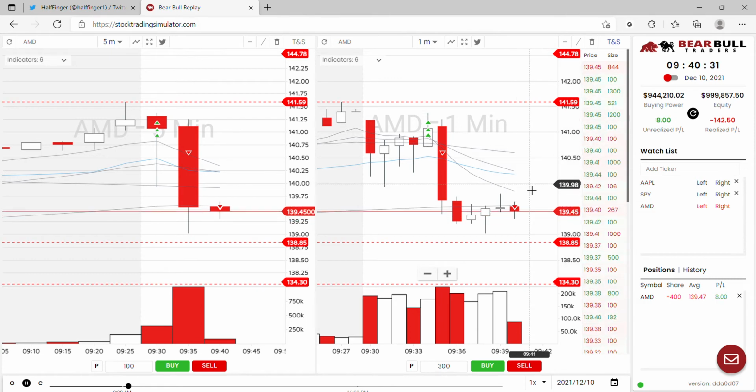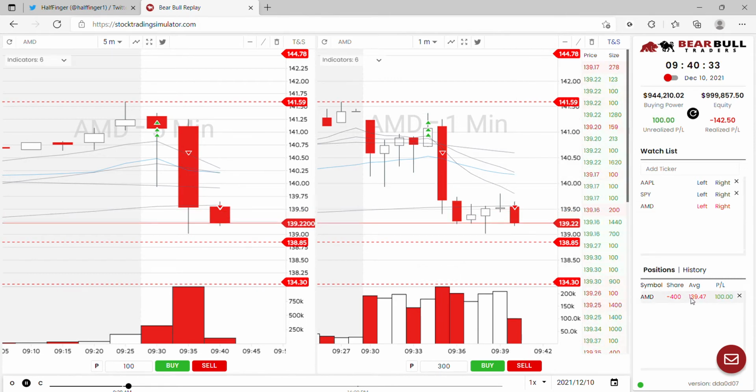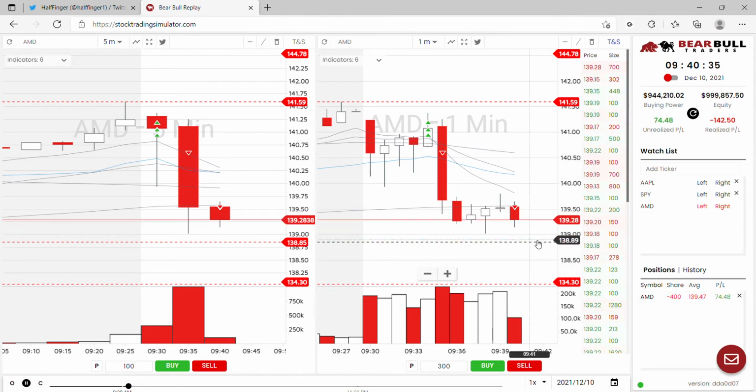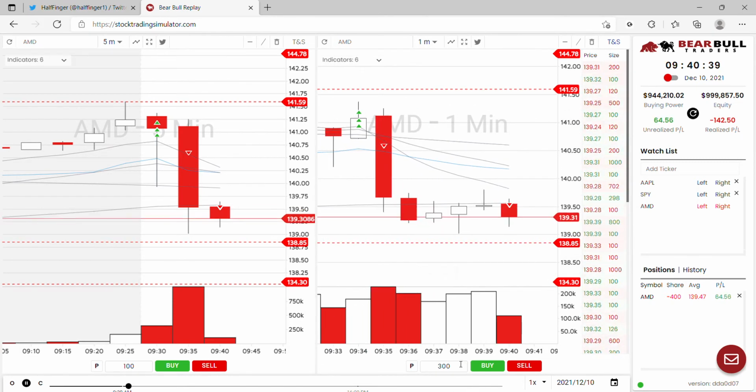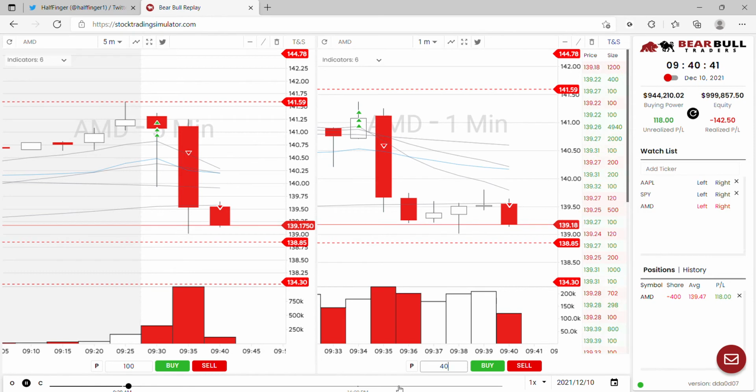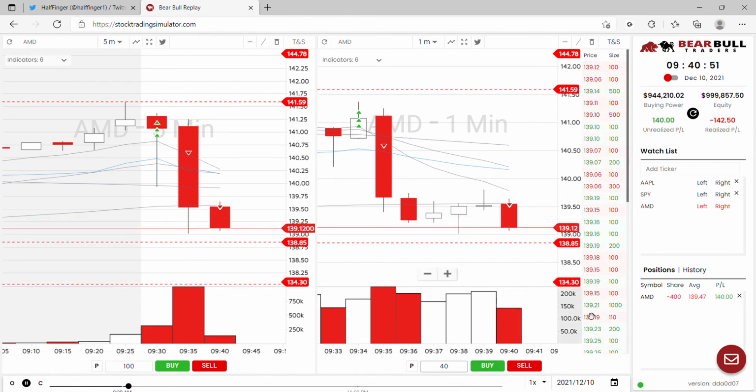So now we have about 50 cents for entry. My style is taking a lot of partials, so I like to take around 10%, at least in the beginning.